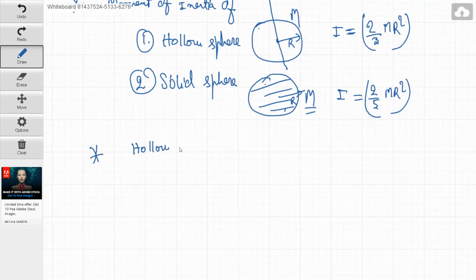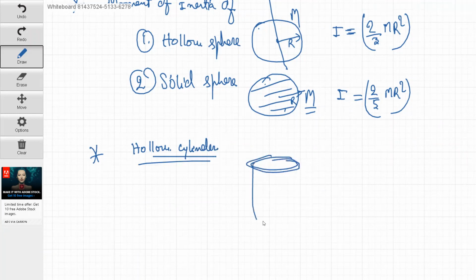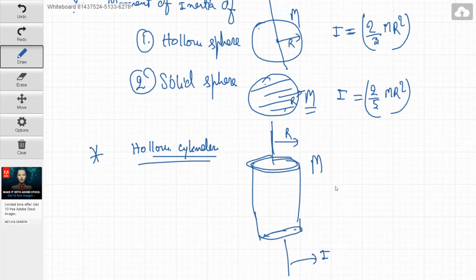Hollow cylinder. If you see the hollow cylinder, it is like this, isn't it? Its mass is m and radius is r, and this is the axis about which you are calculating the moment of inertia.